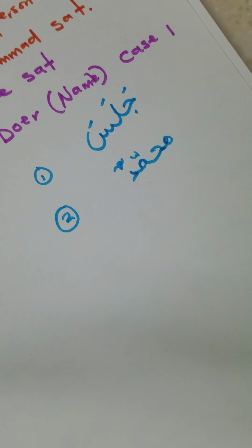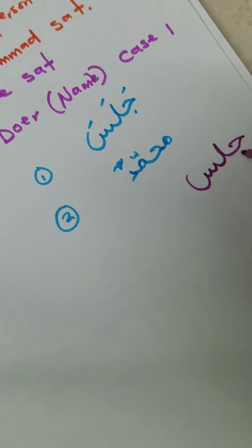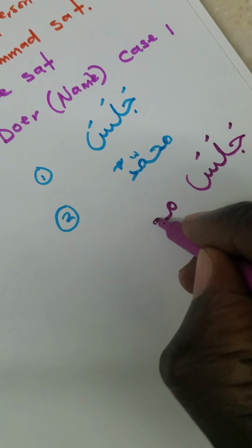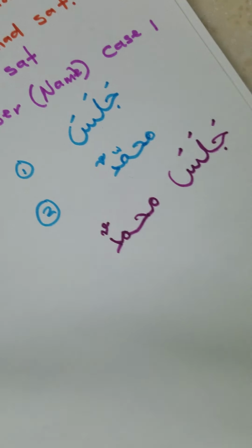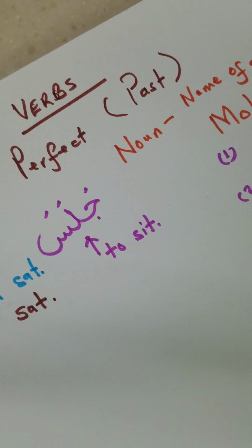So Muhammad sat is going to be written as Jalasa Muhammadun. To be honest, what is so hard here? If you have been following from the start. Okay, let's get another one.